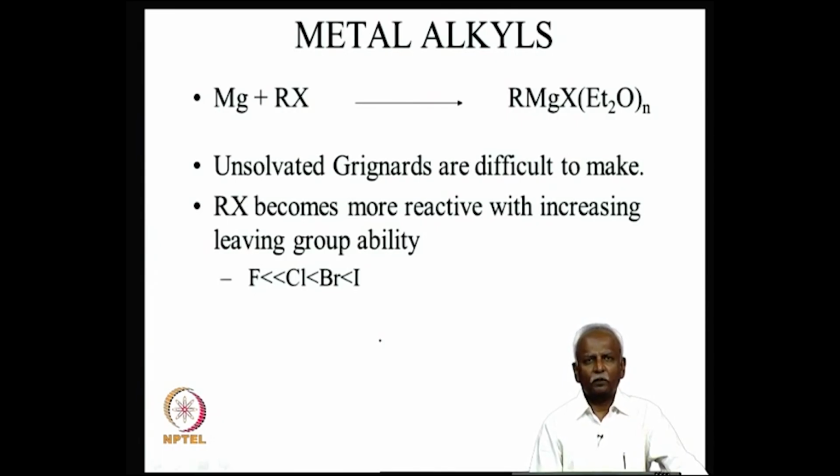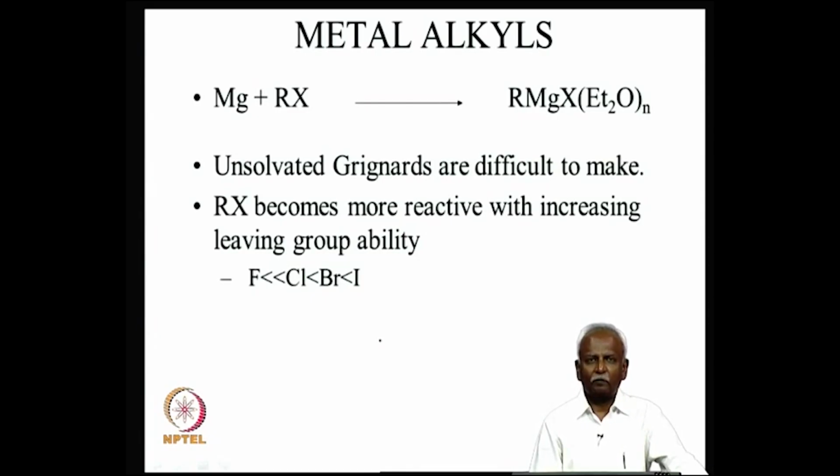But there is also a trend in the RX group. When you make RI, then the RX tends to be more reactive and the Grignard is more readily formed. So, here we are not talking about the reactivity of the RMgX, we are talking about the facility with which RMgX is formed.